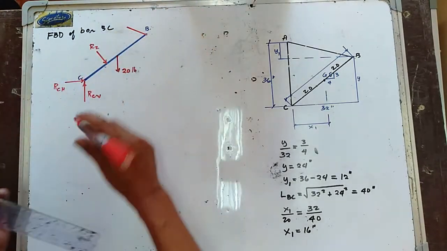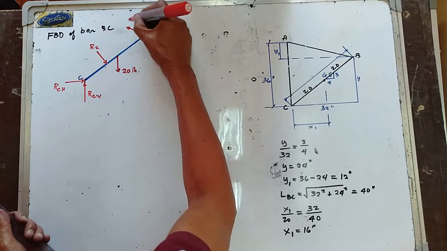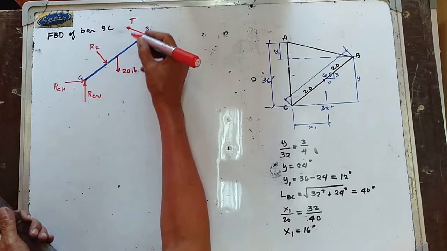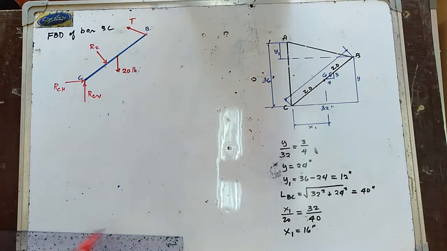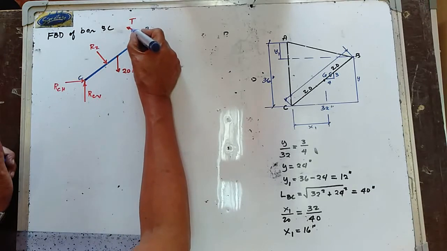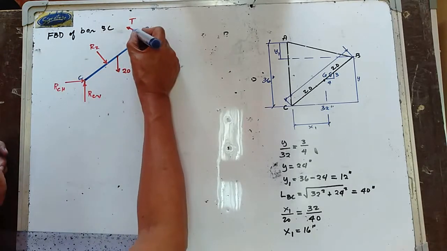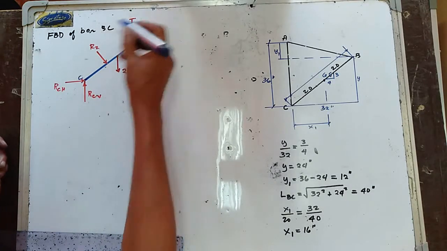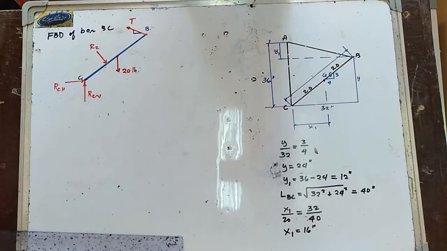I'm going to consider that this is your T. Now, I'm going to get the slope of the cable.